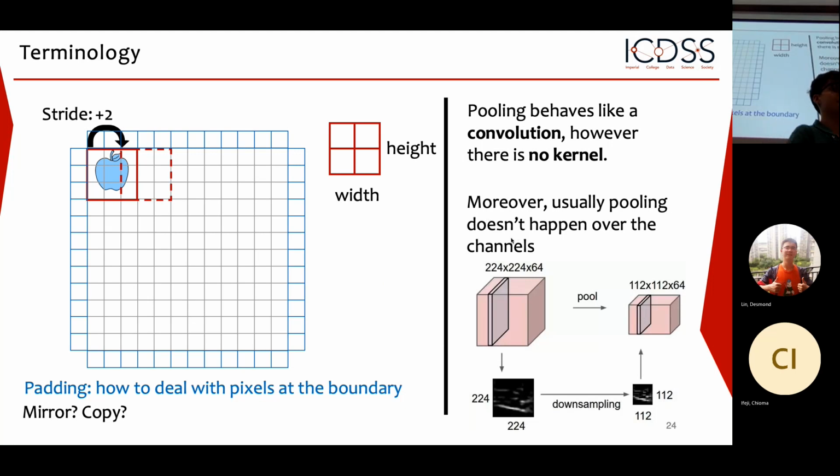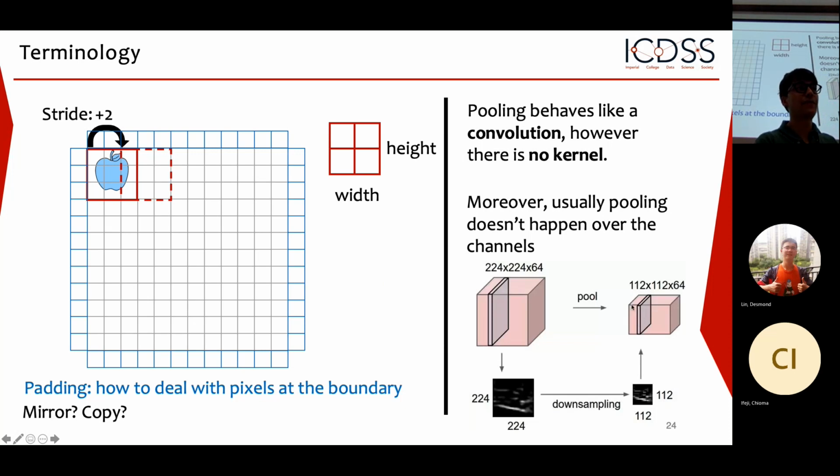So pooling usually doesn't happen over the channels. I perform the pooling over each layer stacked of my image. So if I start with an image that has 64 channels, like here, after performing pooling, I'm still going to get an image which has 64 channels.